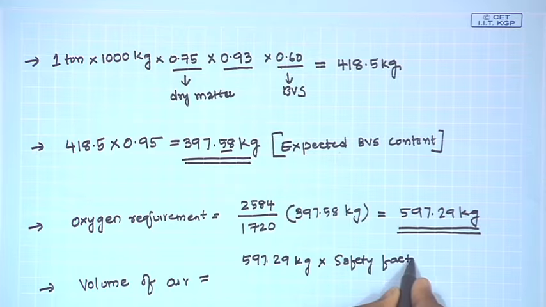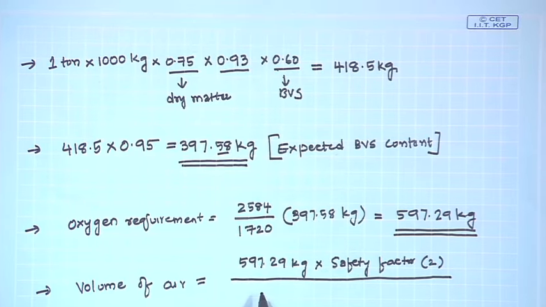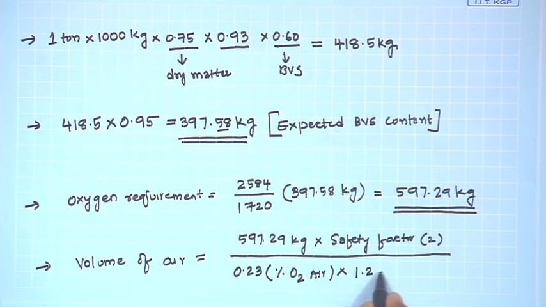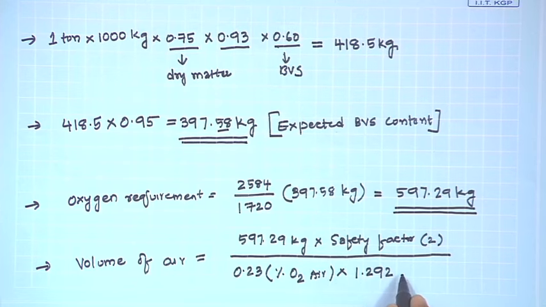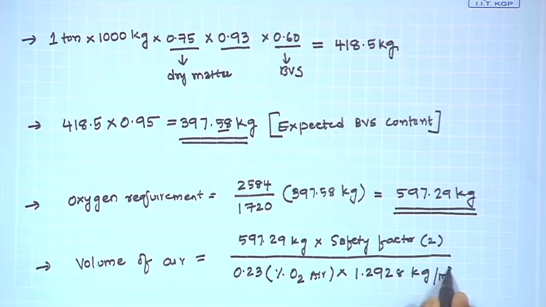In the question it has been given that the safety factor is 2. This is divided by the percentage of oxygen in the air, which is 23%, that is 0.23, multiplied by the specific weight of the air, 1.29 kg per meter cube.